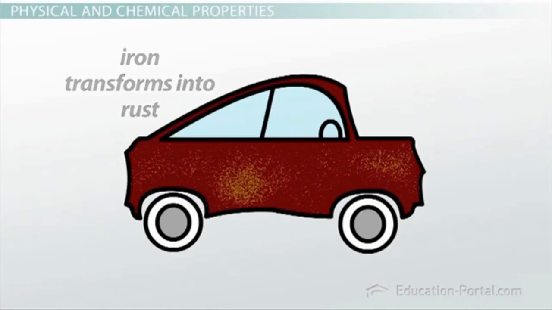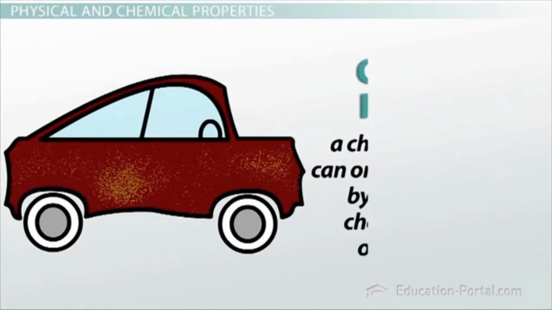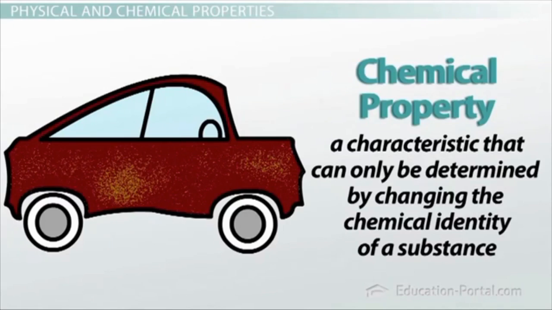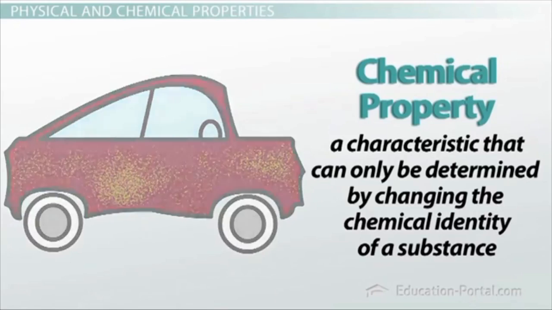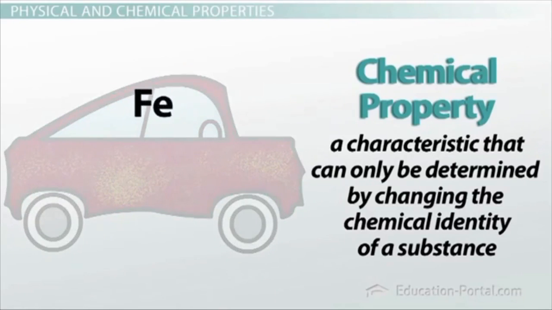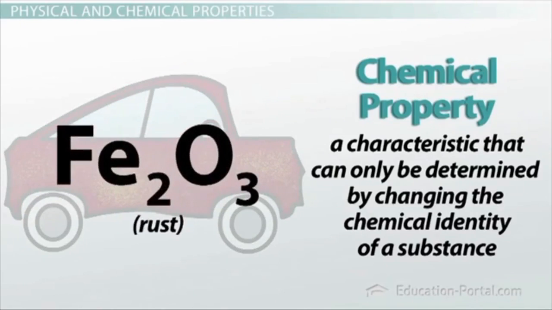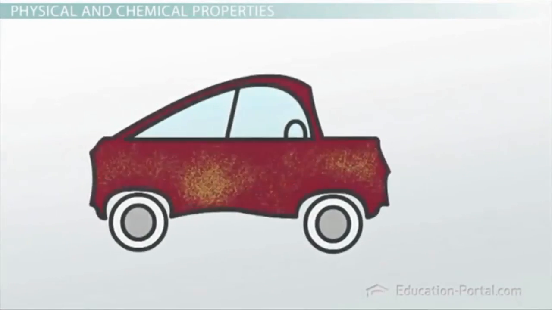This ability to react to oxygen to form rust is called a chemical property. A chemical property is a characteristic that can only be determined by changing the chemical identity of a substance. What we started with was iron, but when it reacts with the oxygen in the air, it turns to iron oxide, or rust. What are some of the physical properties of rust?